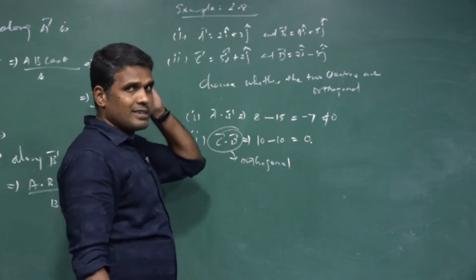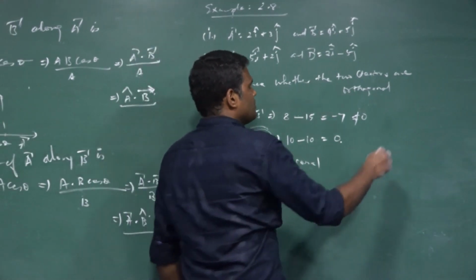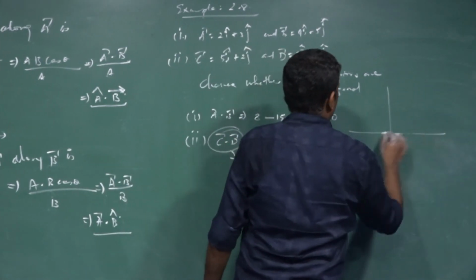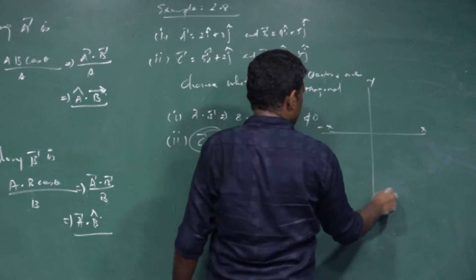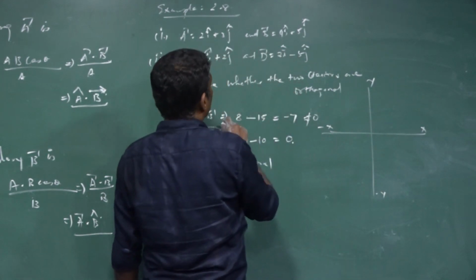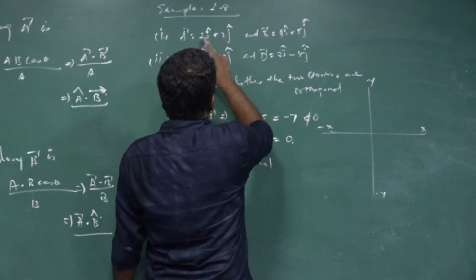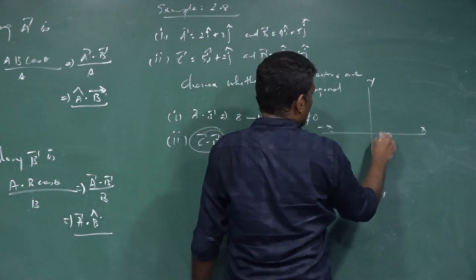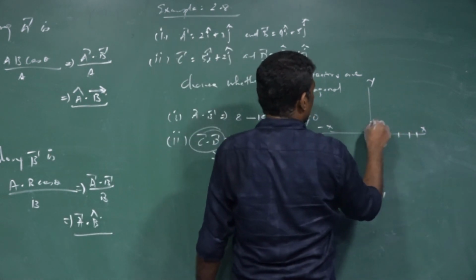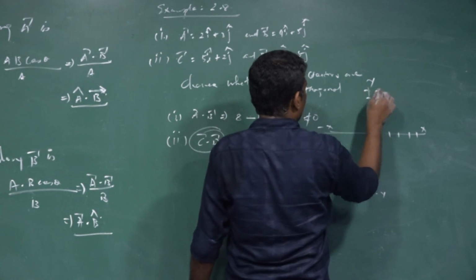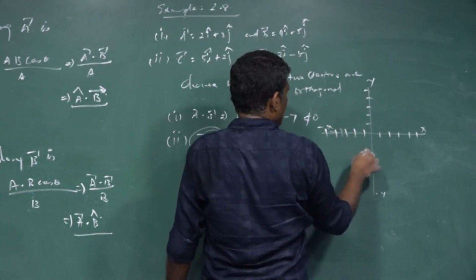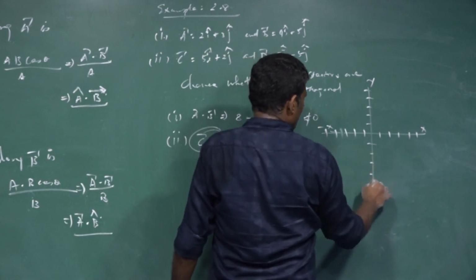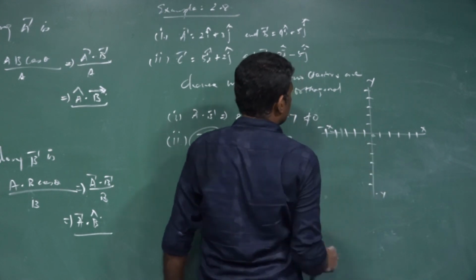You can represent it in a graphical form also. X, minus x, y, minus y. For A vector dot B vector, I can represent A vector as 2i plus 3j. Let us say this is origin.